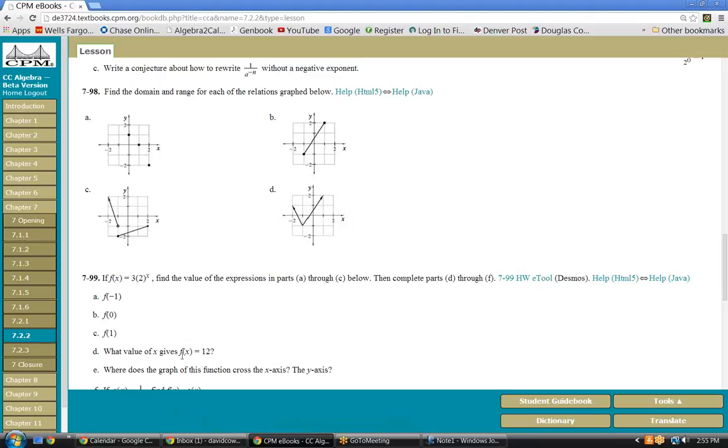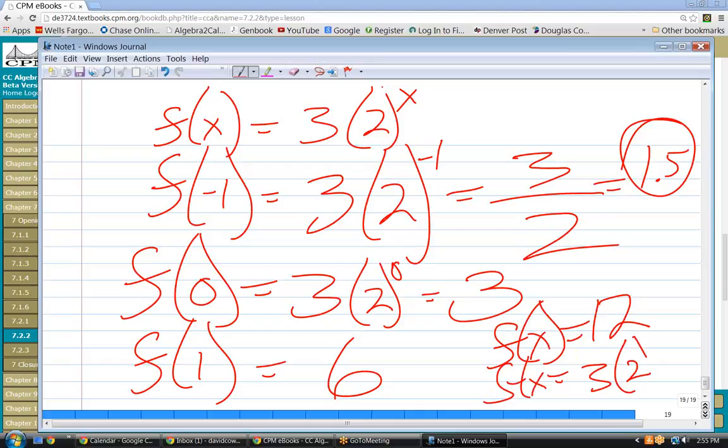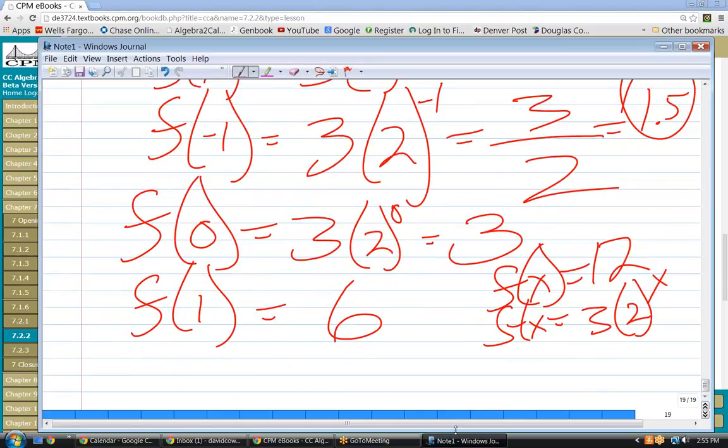What value of x gives f of x equal to 12? So I'm saying f of x equals 12. F of x was equal to 3 times 2 to the x. So how am I going to solve this?